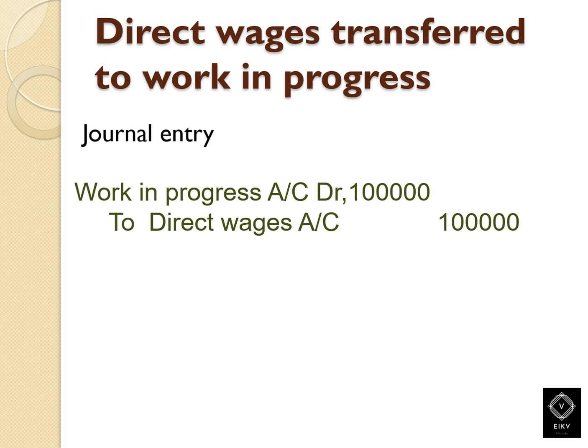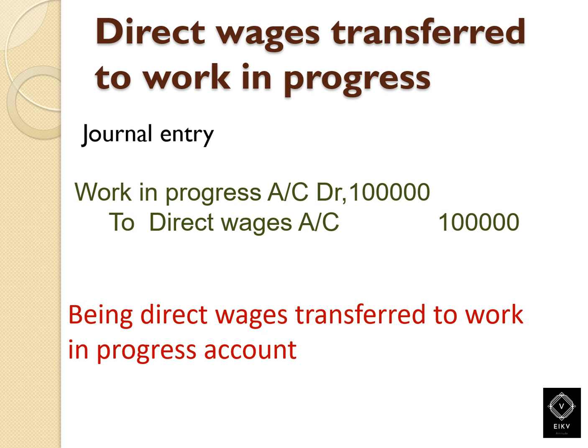Work in progress is an asset account, so it increases, and direct wages decreases because the amount spent as direct wages is taken as the cost of the goods. The direct wages will not be shown in the profit and loss account because it has been taken to the finished goods, right? The amount spent in work in progress increases, and direct wages decreases.